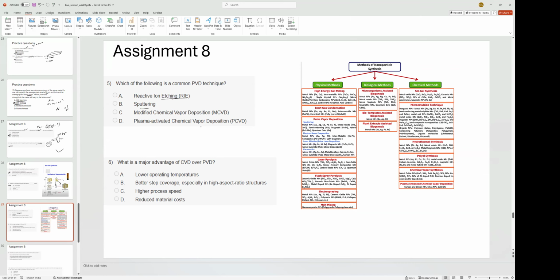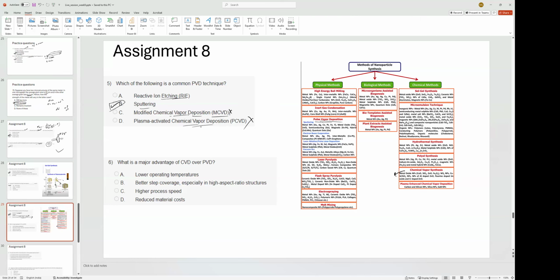Sputtering, you can see, is a PVD method, physical vapor deposition. Modified chemical vapor deposition, plasma activated CVD and modified CVD are all CVD methods, chemical methods. So sputtering is a common PVD method.